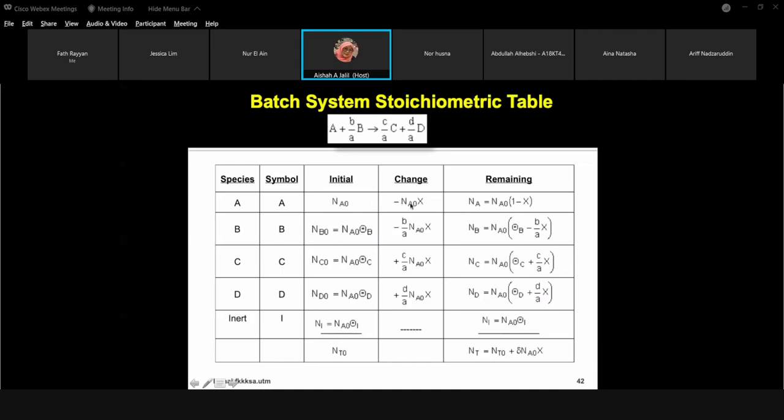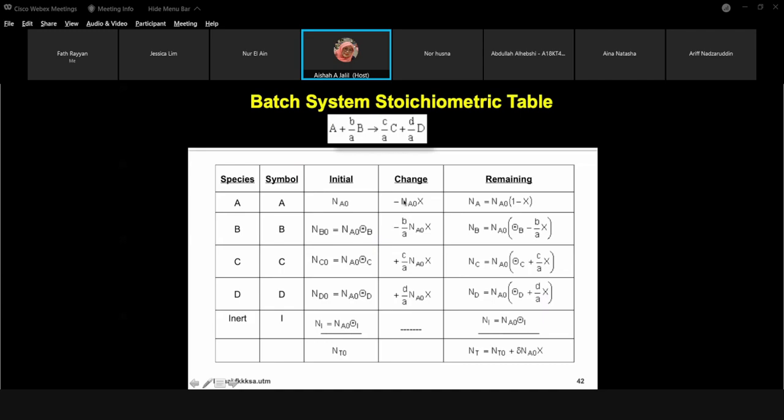This is 1, so no need to write 1, so NA0 X. But this is negative for the reactants, b over a times NA0 X, and this is for the products, so plus; for the reactants, negative.